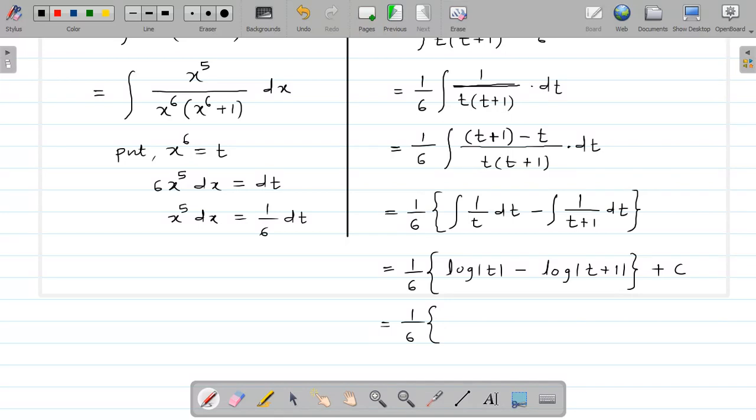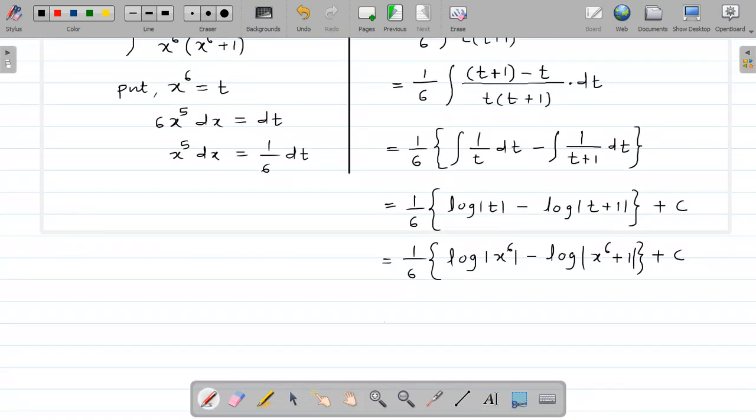Now resubstituting the value of t as x raised to 6, here we get log of modulus of x raised to 6 minus log of modulus of x raised to 6 plus 1, plus constant. Now by logarithmic rule, this can be written as 1 upon 6 into log of modulus of x raised to 6 upon x raised to 6 plus 1 plus constant.